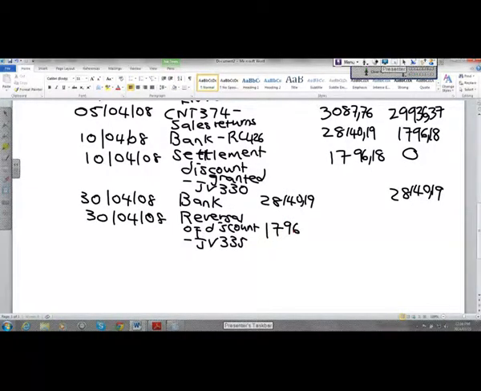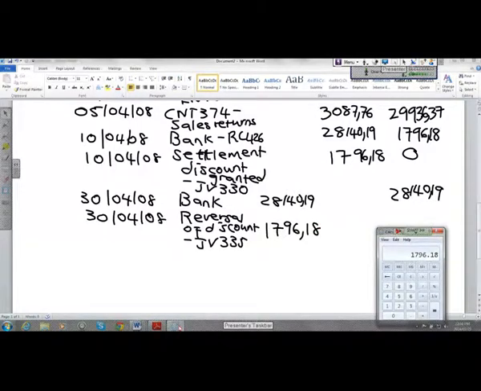Now we must add this to that, because it will increase the balance. We just add, because we have this balance already. So we just say plus the discount to 28,140.19. So what we got?